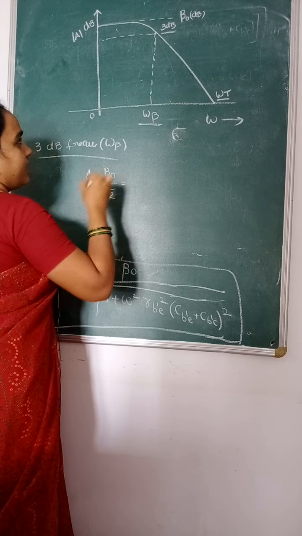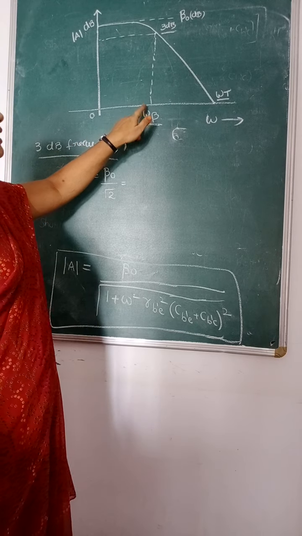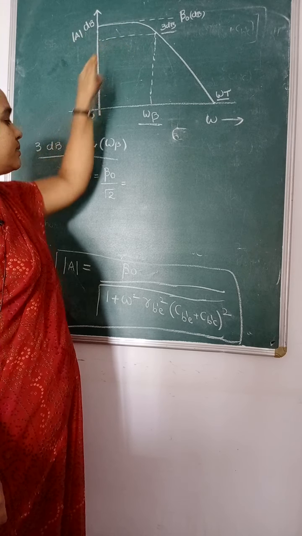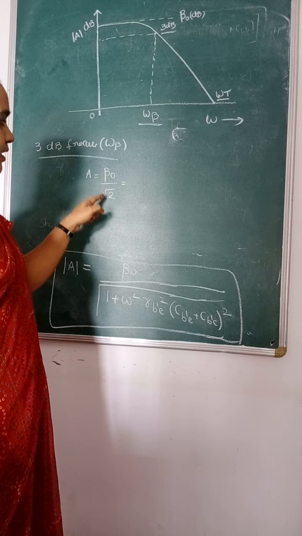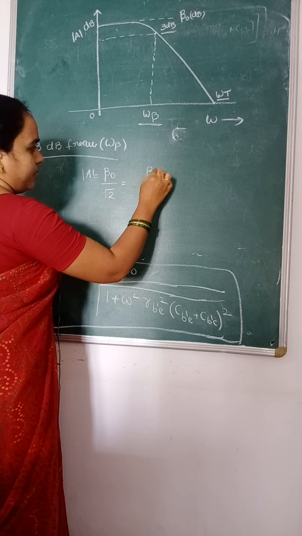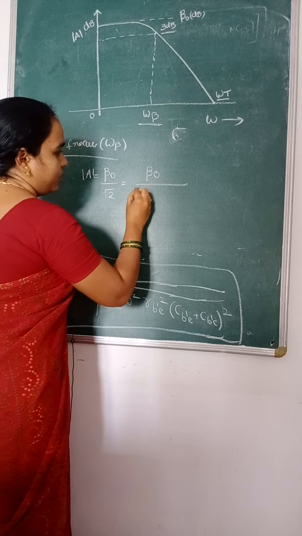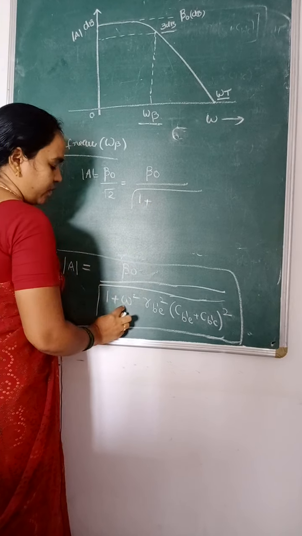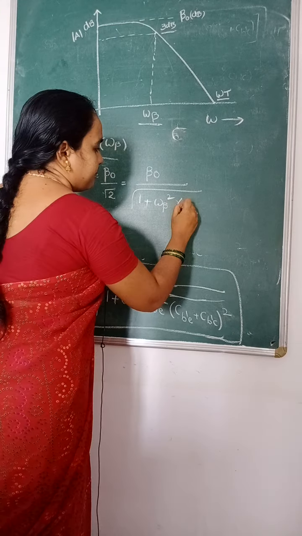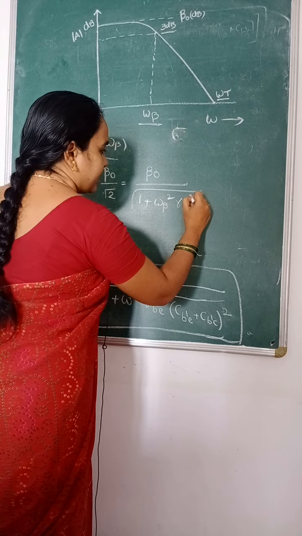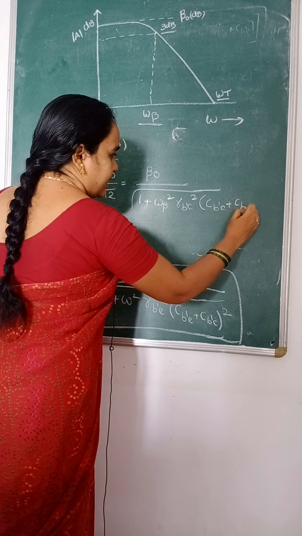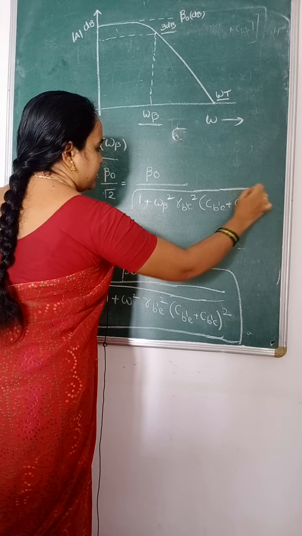It is the RMS value. Here at the 3 decibels, the gain of the transistor reduces by 3 decibels, hence the gain becomes beta naught by root 2, which is equivalent to beta naught by root of 1 plus, here omega is replaced with omega B, square of r_b'e square (C_b'e plus C_b'c) whole square.